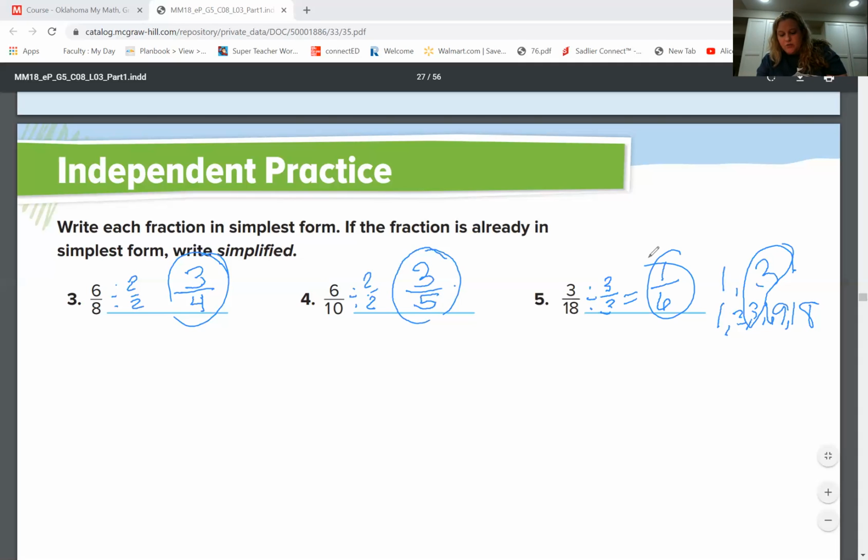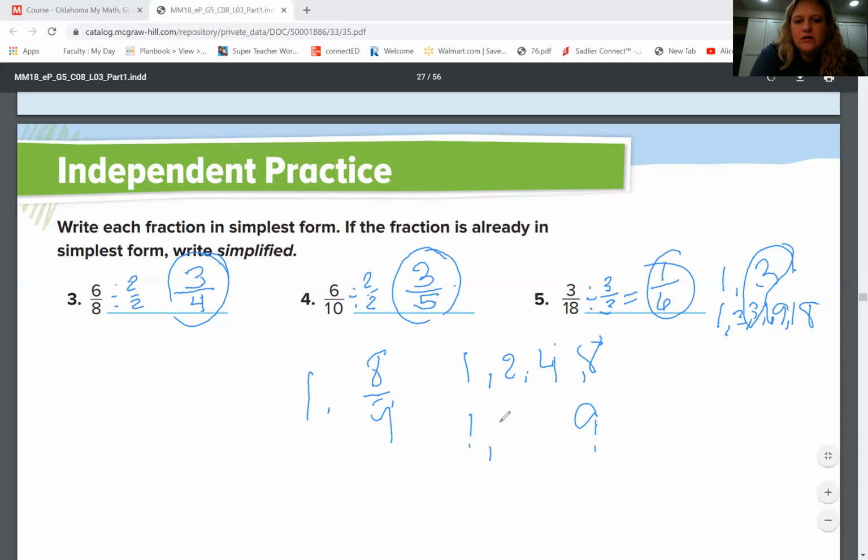Number 1 of your homework, let's go ahead and look at that one together. I'm just going to write it down here. This is homework problem number 1, and it says 8/9. And 8/9, I have 1 and 8, 2 and 4, 1, 9, 3, 3.